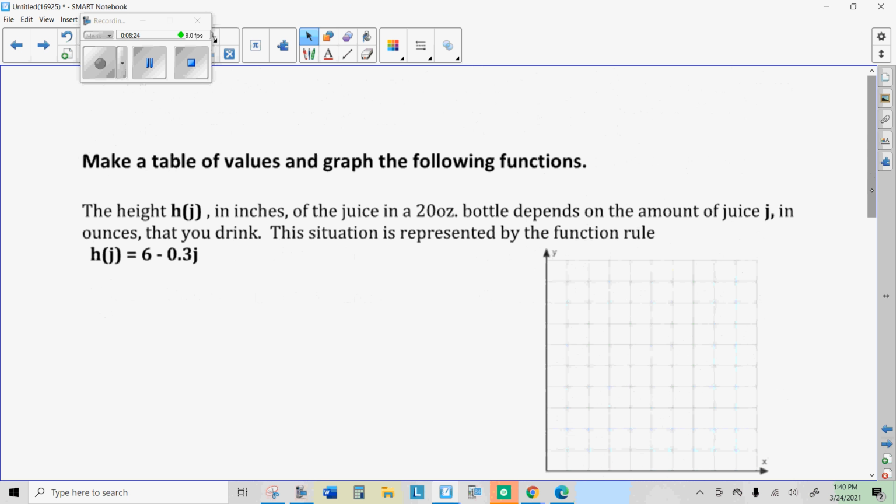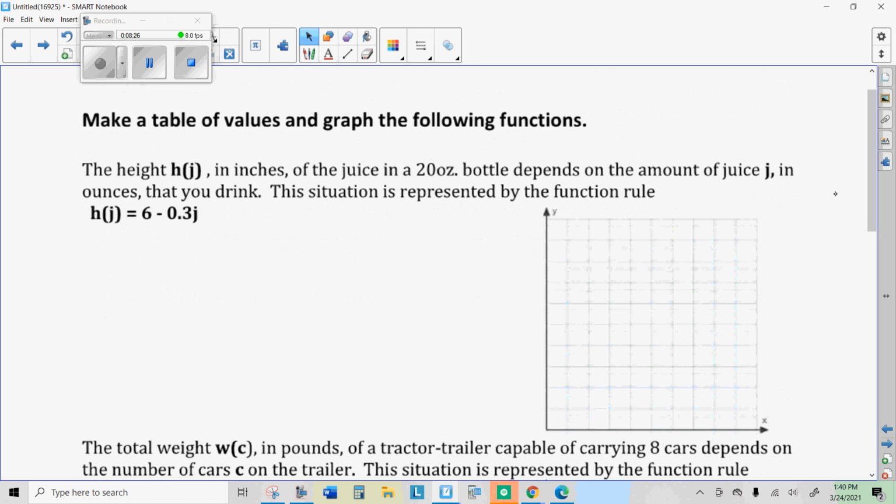All right, usually we create functions to represent real values. In this one, J is our input, and J is the amount of juice that you drink, okay? So you start with a 20-ounce bottle, you drink juice, and the height is the output of the juice if you look at the clear bottle.